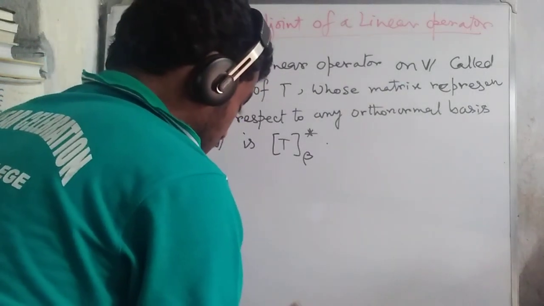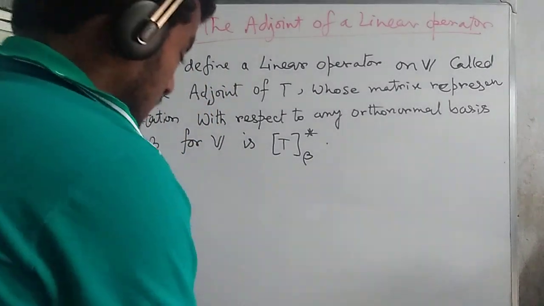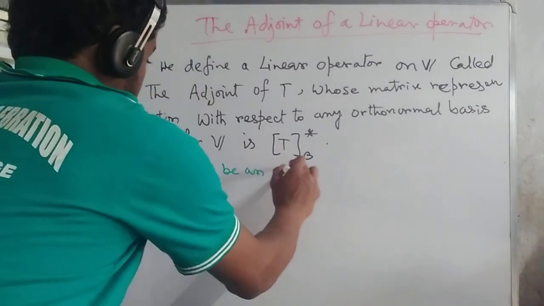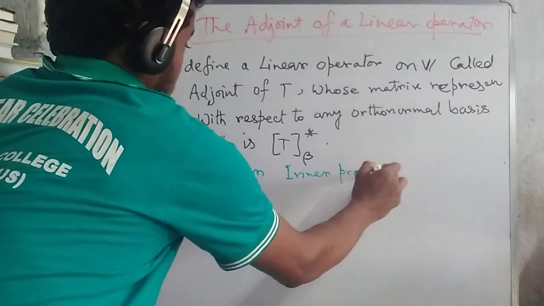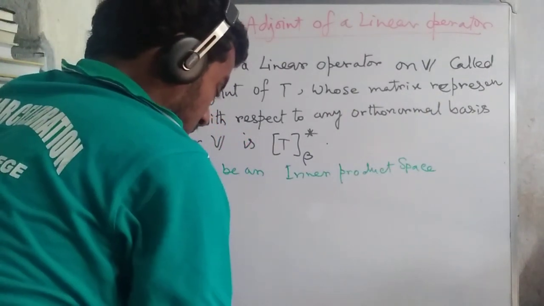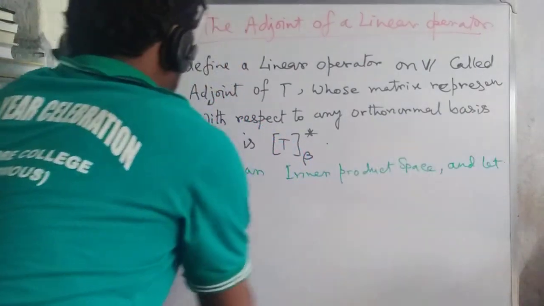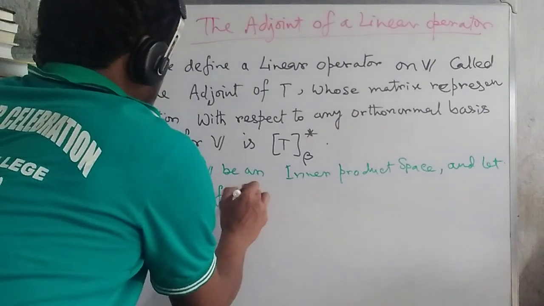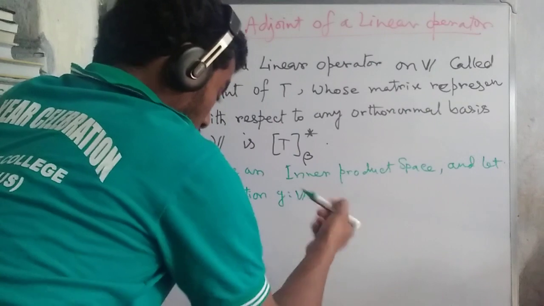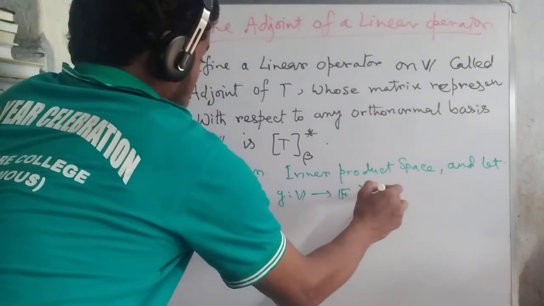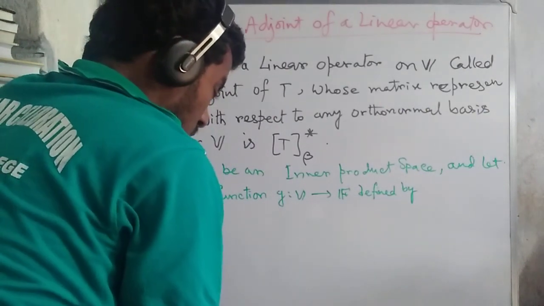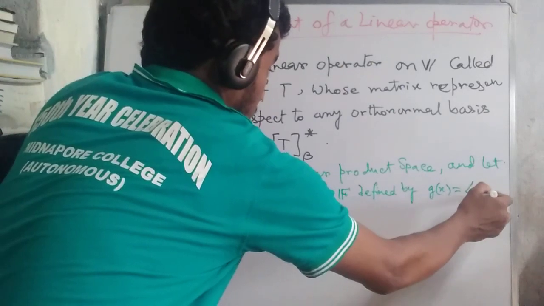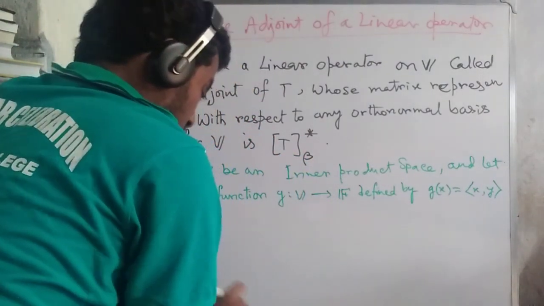Then we also discuss this. Let V be an inner product space, and let y belong to V. The function g from V to F defined by g(x) equal to the inner product of x and y is clearly linear.